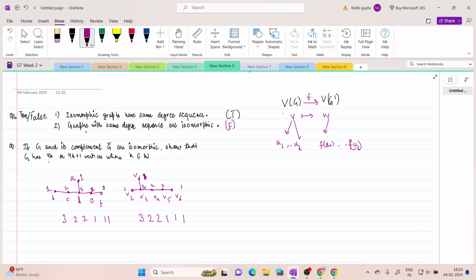So this is the question: graphs with the same degree sequence are isomorphic. We are saying false. These two graphs have the same degree sequence, but they are not isomorphic.